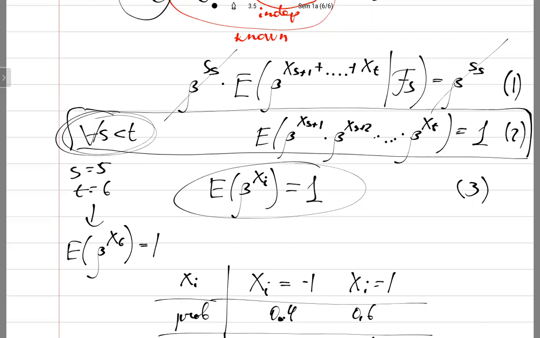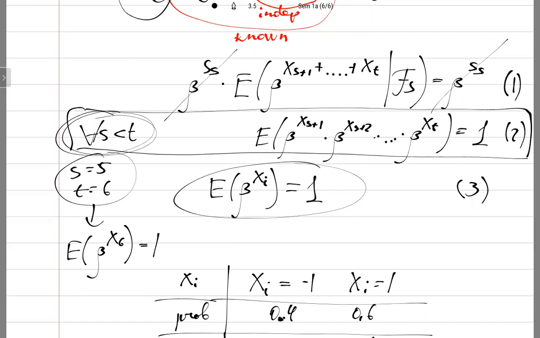So it should be satisfied for all s and t, right? S is like t, but less by 1. But what if it is less by more than 1?